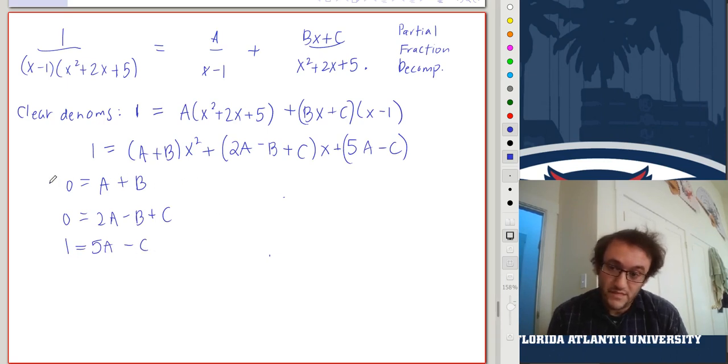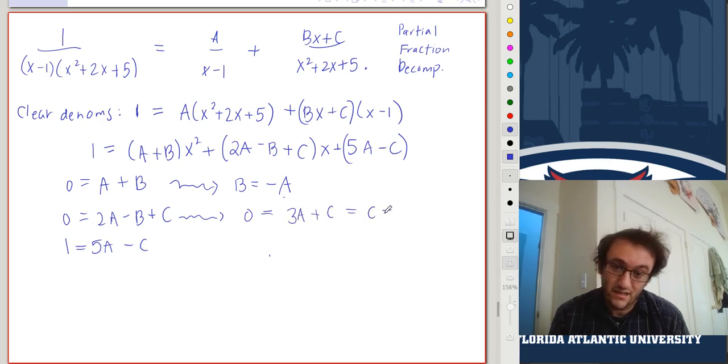From this first equation, we can infer b equals minus a. Then we can substitute that into this equation to obtain 0 equals 3a plus c, which means that c equals minus 3a.